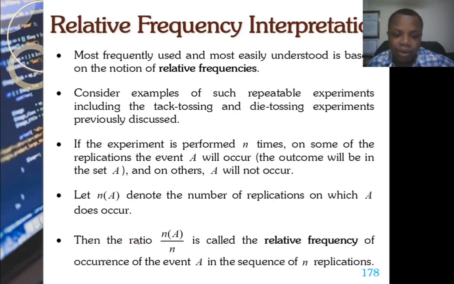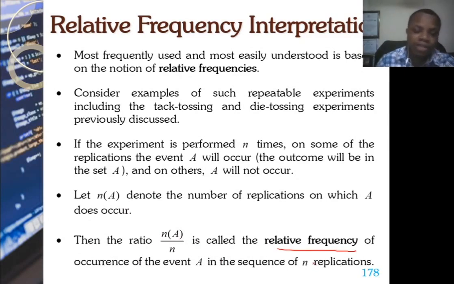Then the ratio n(A) over n, where n is the sample size, is called the relative frequency of the occurrence of the event in the sequence of n replications.